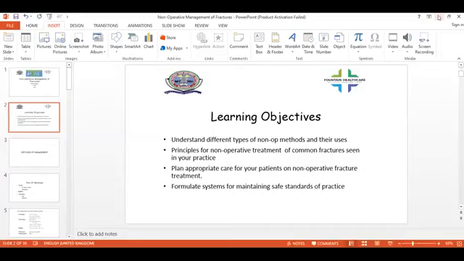If the answer is no, immobilize, you're done. Now, if the fracture is displaced, the question is, what's the displacement? Is it shortening? Restore length. Is it angulation, medial or lateral, internal or external rotation? Bring the limb to neutral.